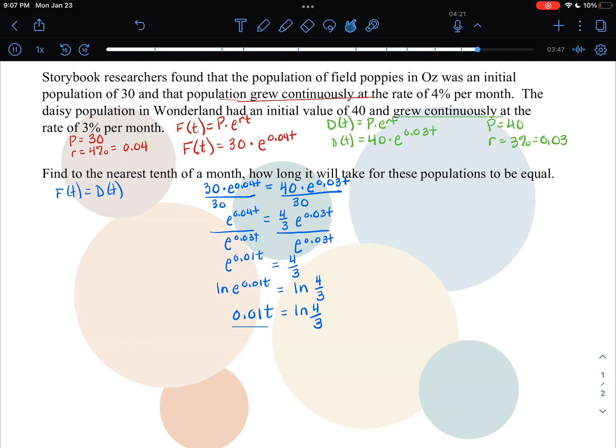To solve for t, I'm going to divide by 0.01 on each side. And solving in my calculator, I get t equals 28.768... which is approximately, I need it to the tenth of a month, 28.8 months is the length of time it's going to take for the populations to be equal.